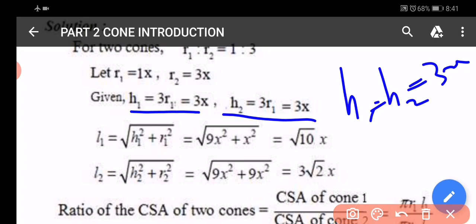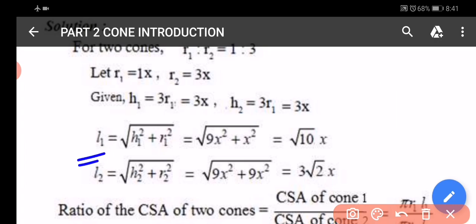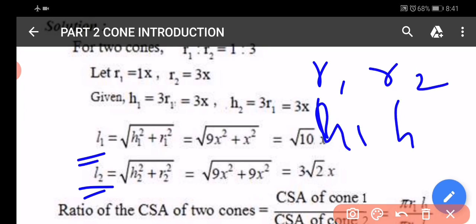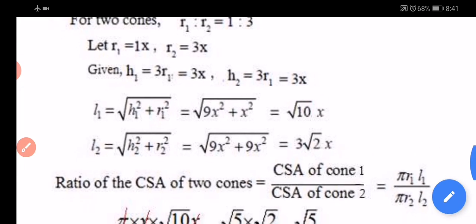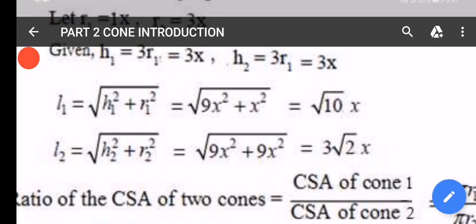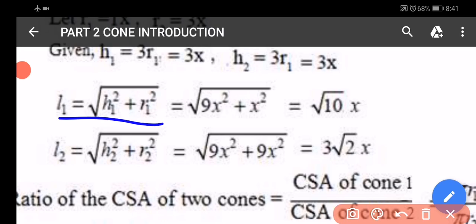So now we have to find L1 and L2. So we have already known r1, r2, h1, h2. These measurements are known. So from this we have to find L1 and L2. L1 equal to square root of h1 squared plus r1 squared.